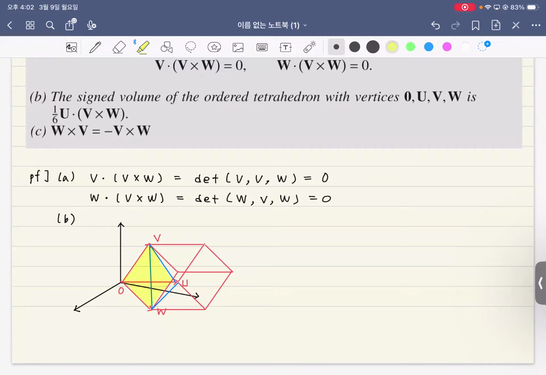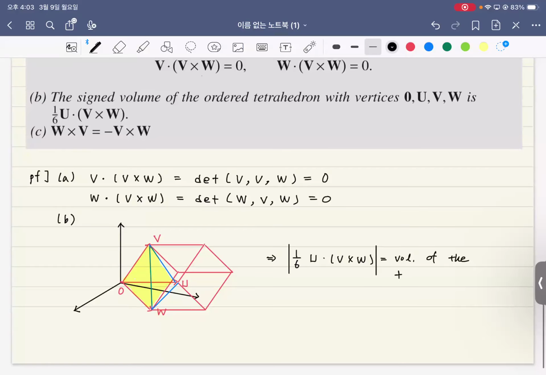Comparing the volume of this tetrahedron and the volume of the parallelepiped, the volume of the tetrahedron is precisely 1/6 times the volume of the parallelepiped, right? So that proves the claim letter B.